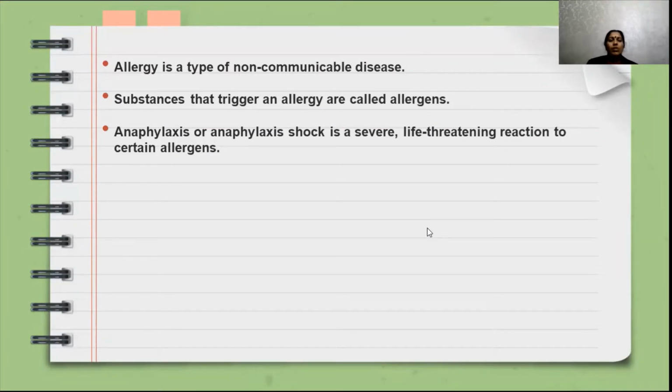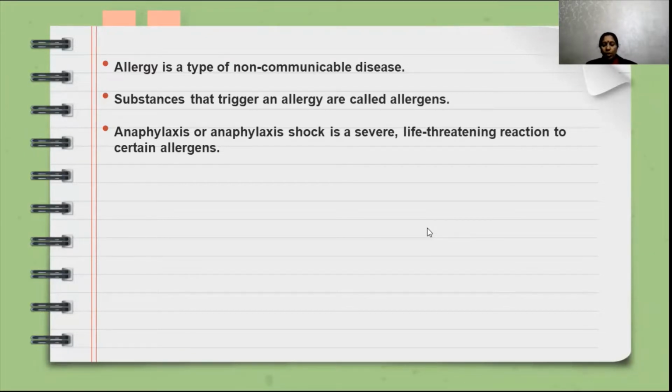Some important points we are going to explain through these slides. The first point is: what is allergy? Allergy is a type of non-communicable disease, a body reaction, and it can occur in any individual who is hypersensitive to certain substances.